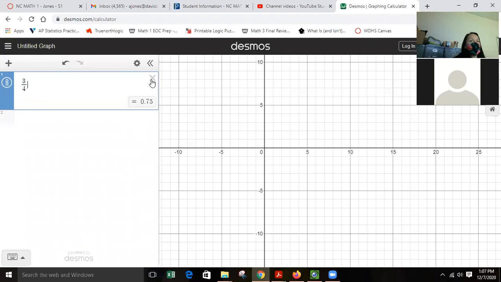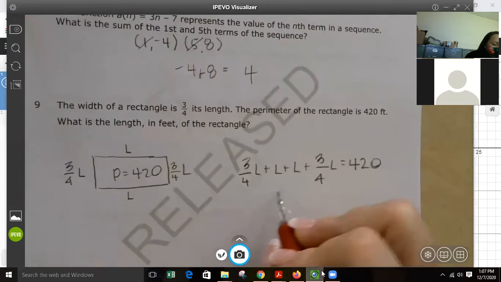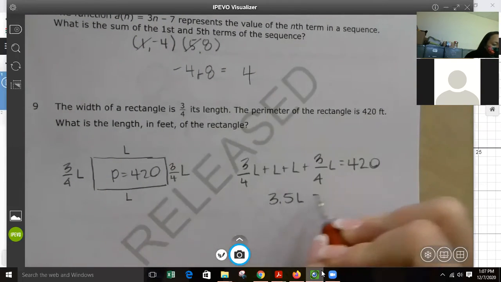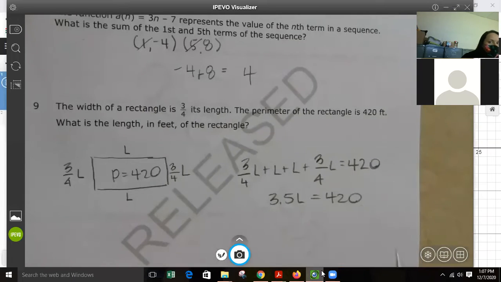So just so you know, I have to move over before I do plus 1 plus 1 plus 3 divide 4. And your divide is right beside your shift key. Okay. And we get 3.5. So when I go back down here, 3.5 L equals 420.